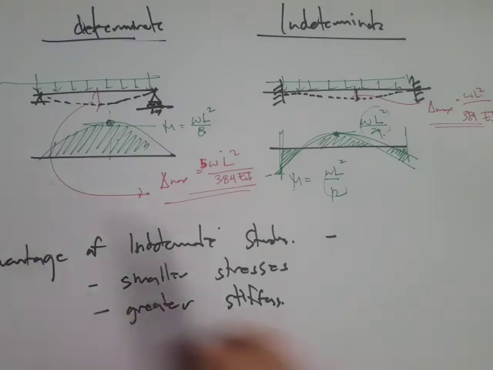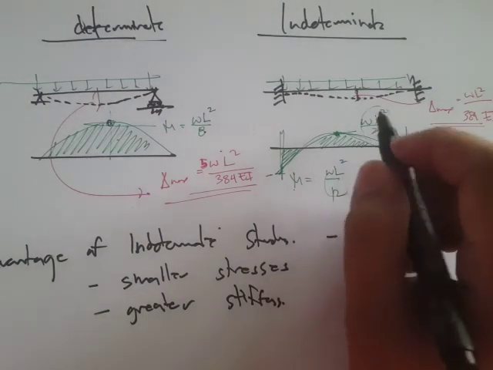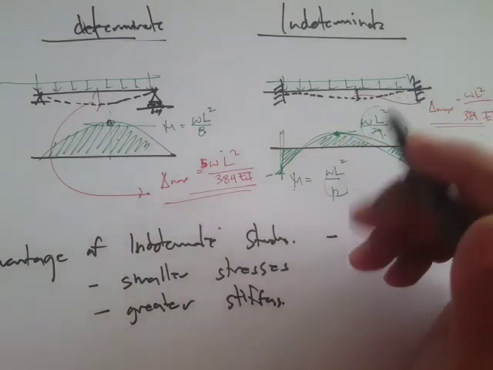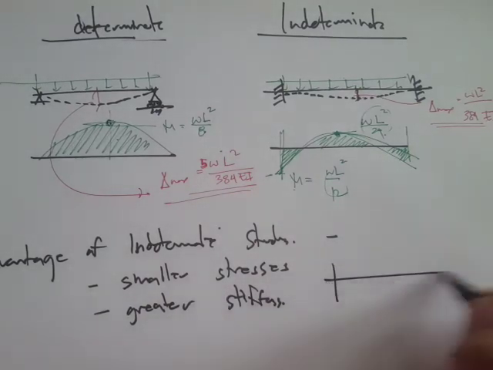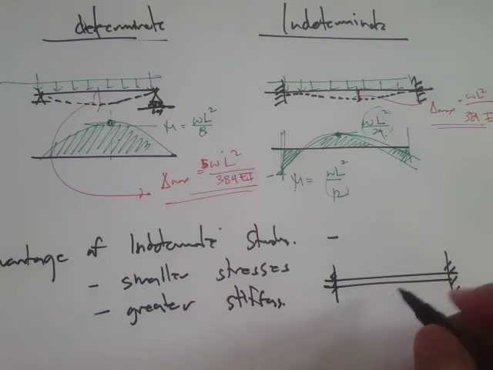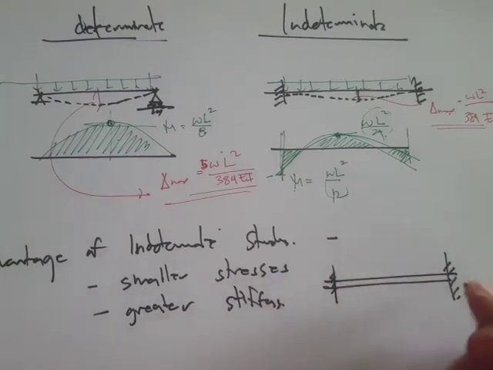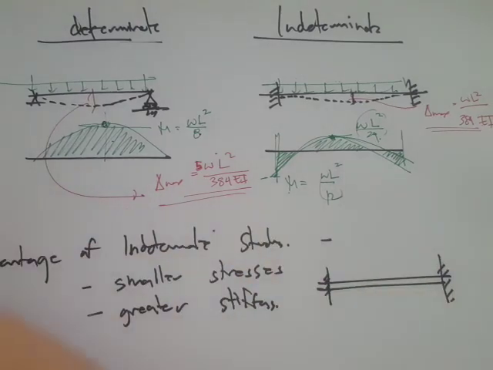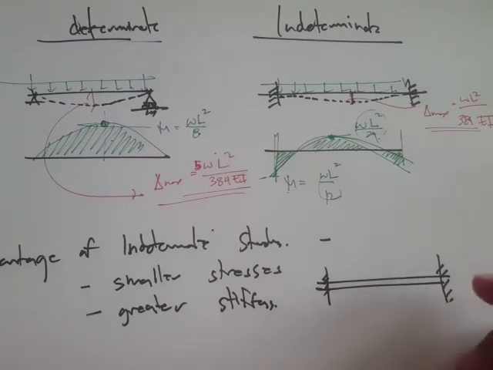disadvantages. For example, there's a temperature parameter. Let's say we have this fixed end. Recall that if there's a significant temperature change, then there's thermal expansion of the material.